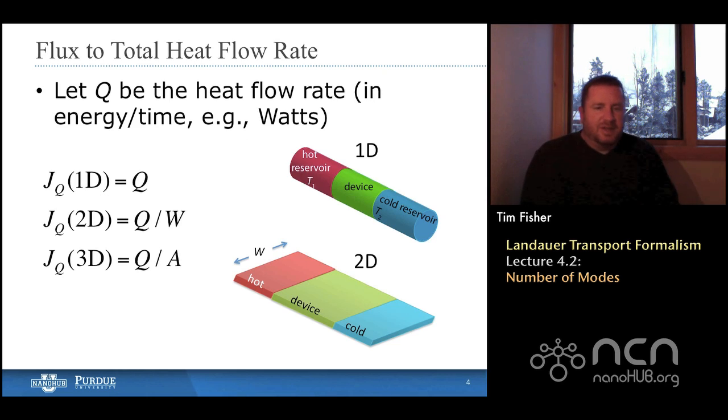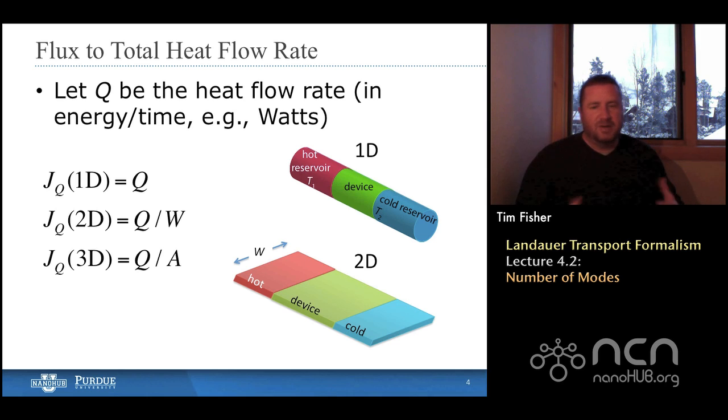So let's look at this in a couple of dimensionalities. The heat flux, again, if I had a one-dimensional system, the heat flux is the same as the heat flow rate. They both have units of watts because there's no area basis. But for a two-dimensional system, let's say it has a width of W, then I would want to scale the heat flow rate, Q, by that width W, and that would give me a heat flux.